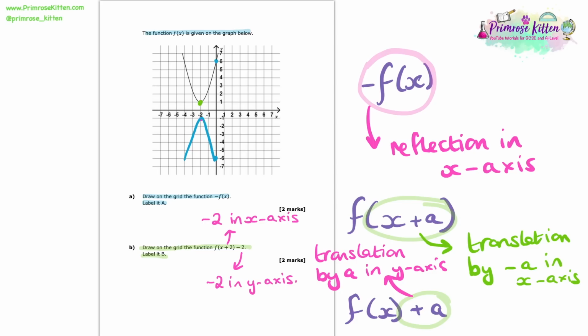So let's take a look at that minimum point on the curve again, and let's shift it by minus 2 in the x, and then by minus 2 in the y. By doing this, we can see that the new minimum point needs to be at the coordinate of minus 4, minus 1. And then the rest of the shape of the curve is going to be unchanged. It's still going to be that U-shaped curve.